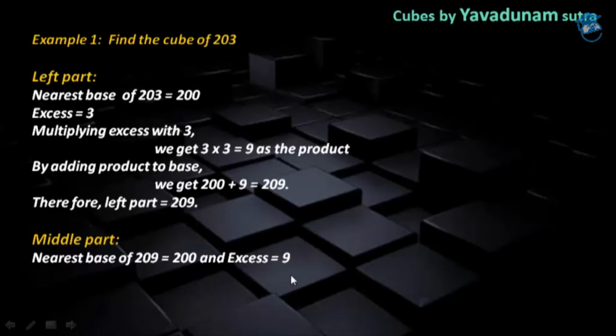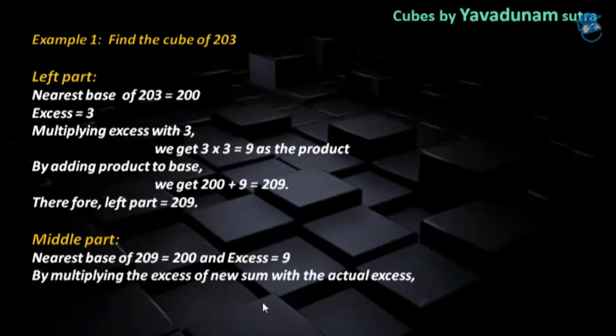Moving to step number 2, we multiply the excess of the new sum with the actual excess. The new excess is 9 and the actual excess is 3. So multiplying 9 into 3 we get 27 as the product. This is regarded as the required middle part.